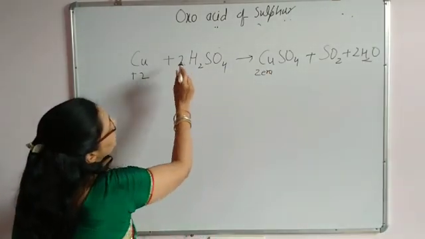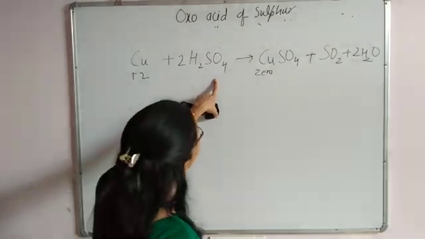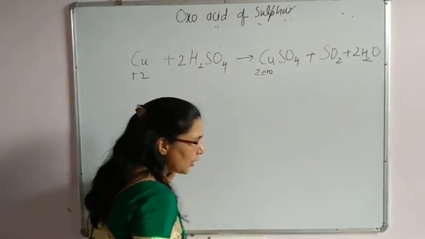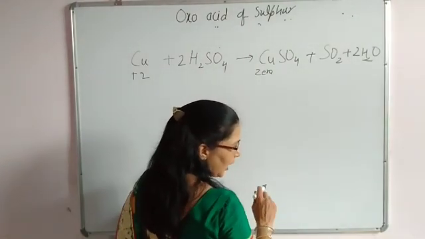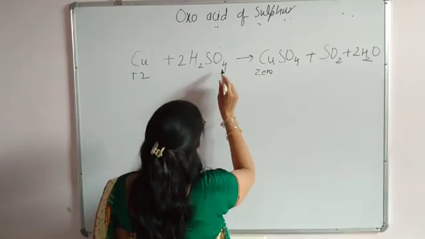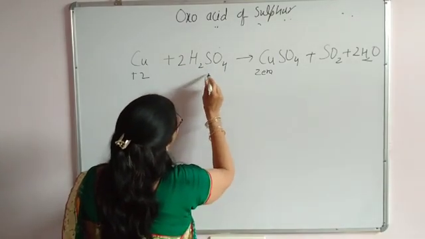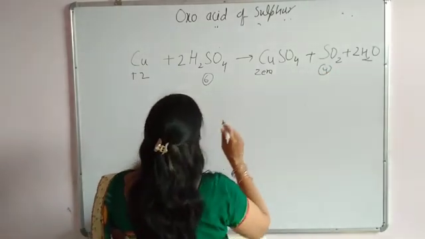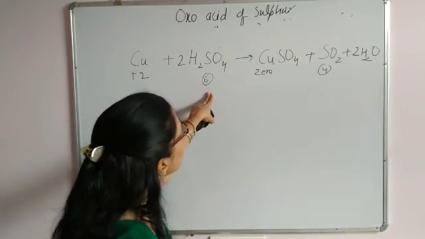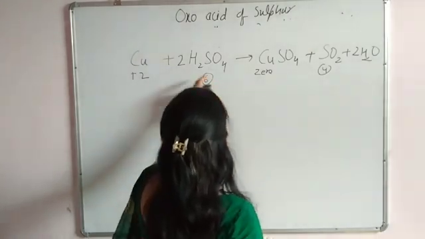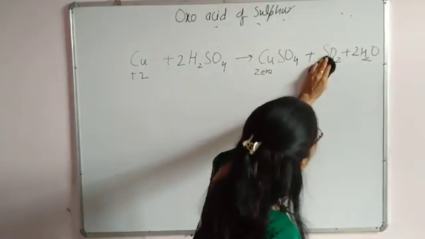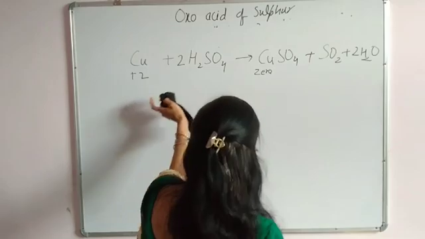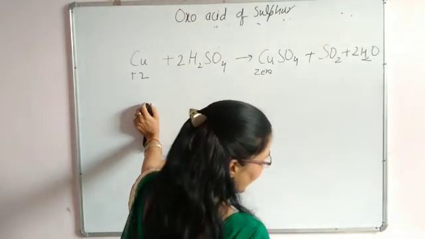So I will put twice the sulfate ion. For sulfate ion, sulfur is present in the +6 state, and SO2 has 4. Again it is coming 2, 2 to 0 and 2 here. So there is nothing to do; direct balancing will be there. So you will get this.